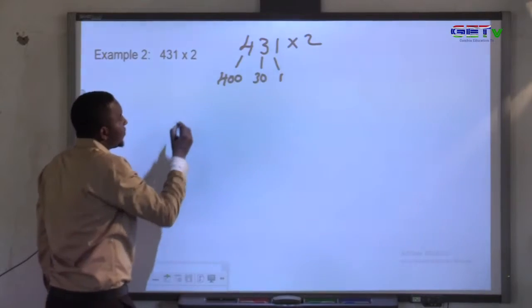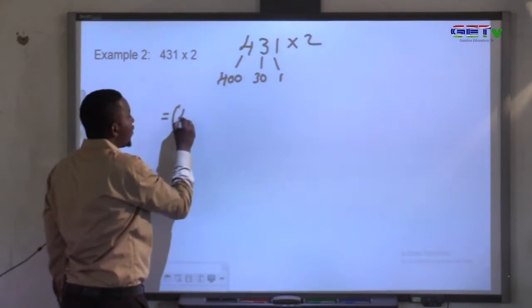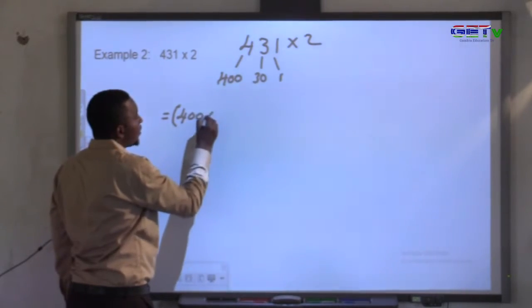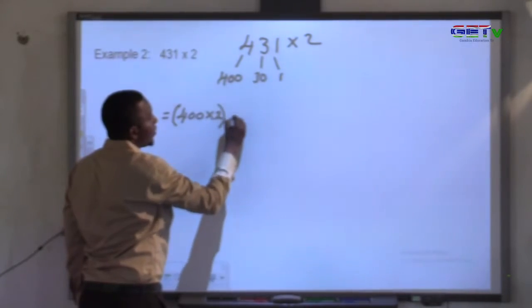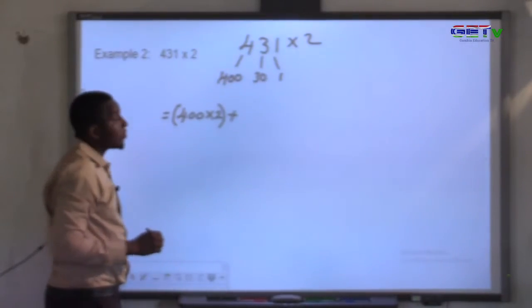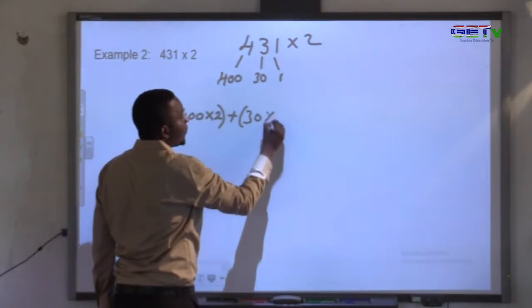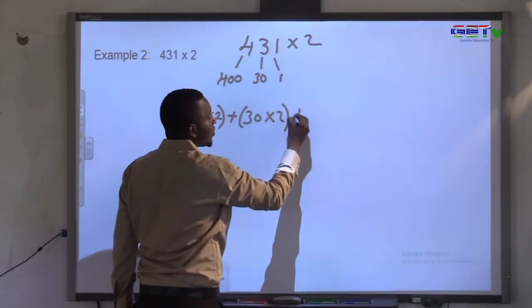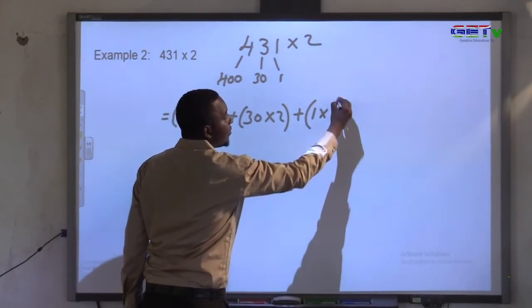This is going to give us 400 multiplied by 2, then plus 30 multiplied by 2, again plus 1 multiplied by 2.